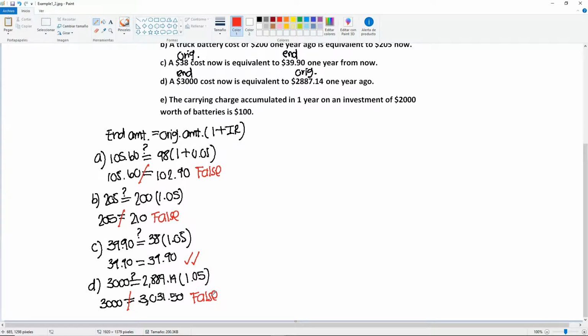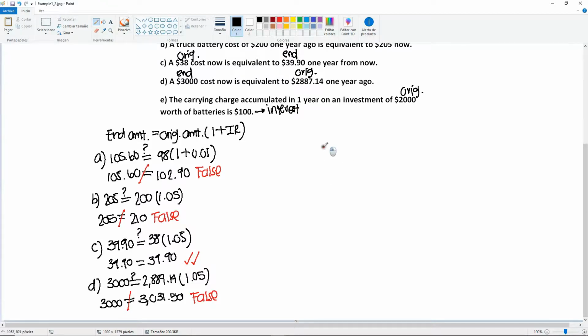Okay, so in this case, the initial investment will be your original amount, but they're actually not giving us an end amount. They're telling us the charge accumulated. So therefore, this 100 is actually your interest. Okay, so it's the interest accumulated or the interest accrued.